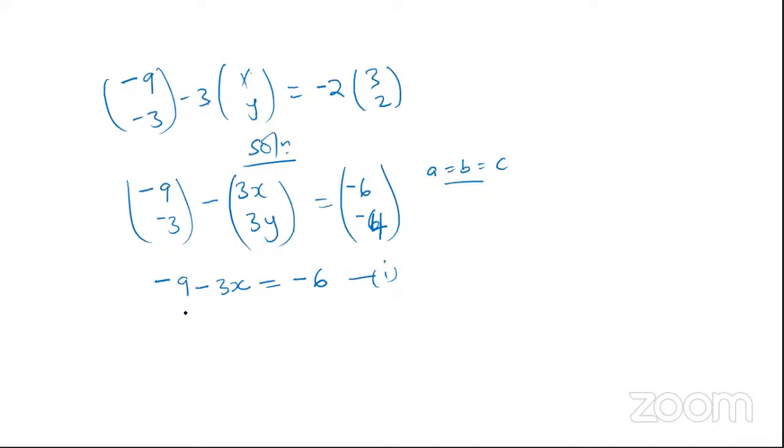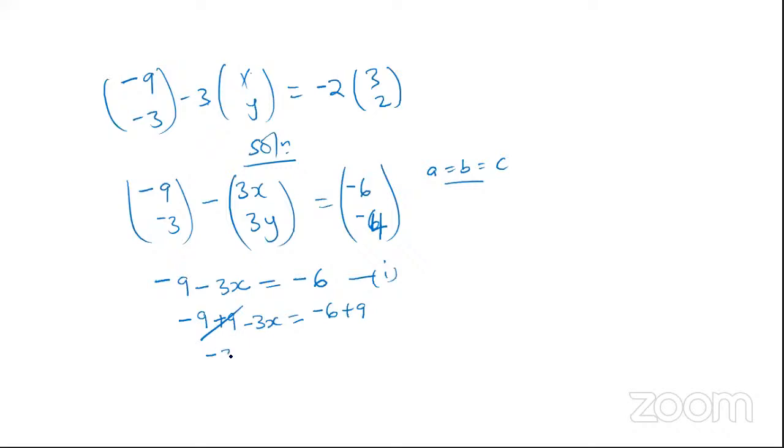In solving this, we shall get negative 9. We want to take it, because we are collecting like terms. Please learn how to collect like terms. Then plus 9 minus 3x is equal to negative 6 plus 9. Why are we adding? We are eliminating this 9 here, and to eliminate the 9, we add 9.